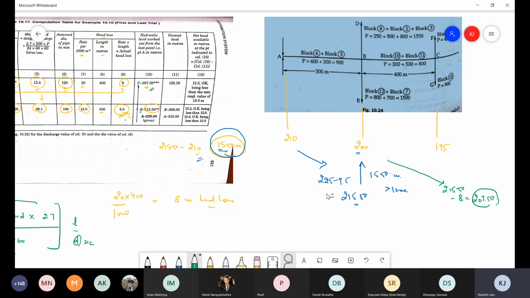And if you subtract 205.50 minus this, you get 12.5, which is again greater than 12 meters.